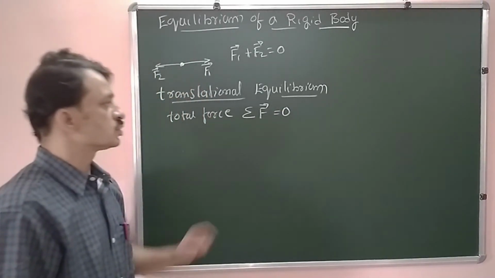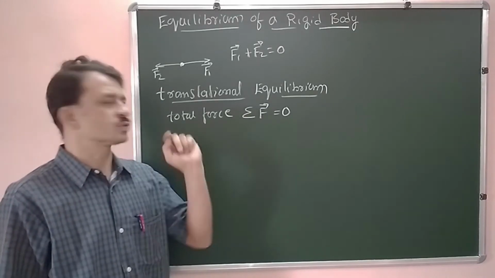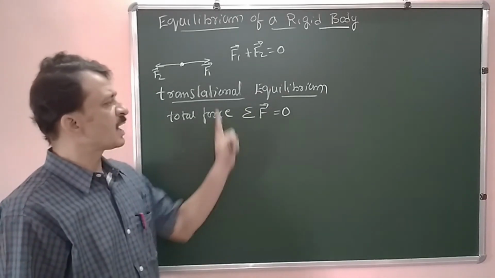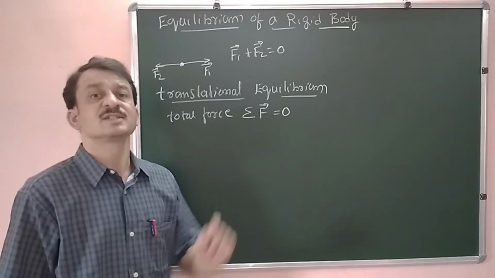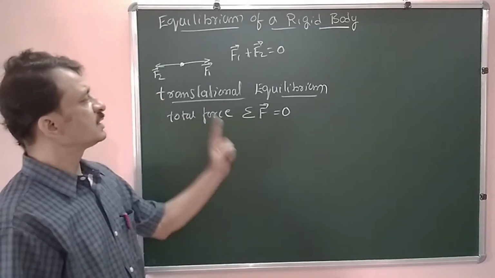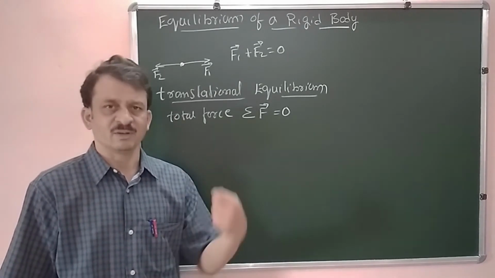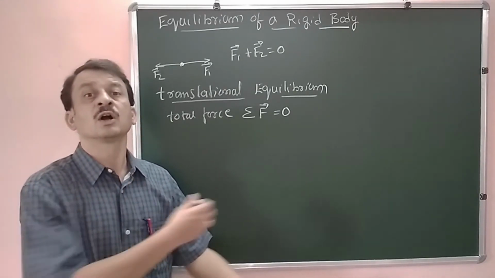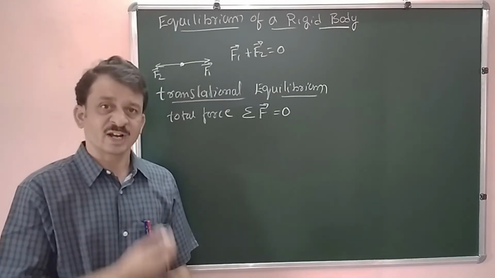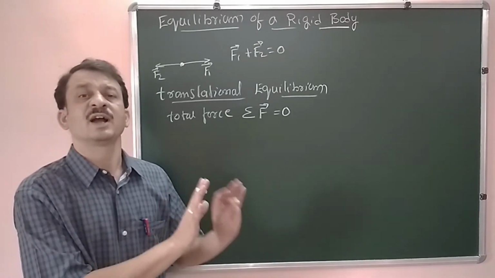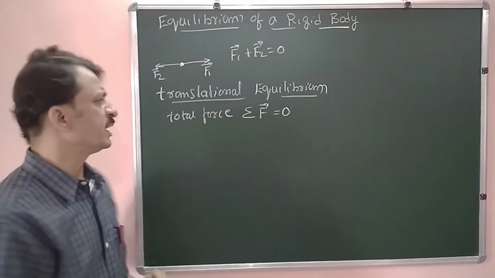The total force should be external force, okay? If the total force acting on the rigid body is 0, then that rigid body is said to be in translational equilibrium. It will no longer move along a straight line. It remains at rest. That is the meaning.